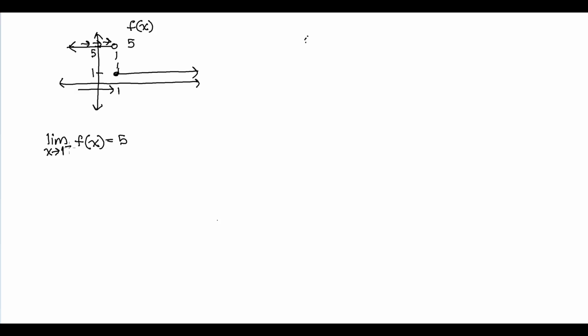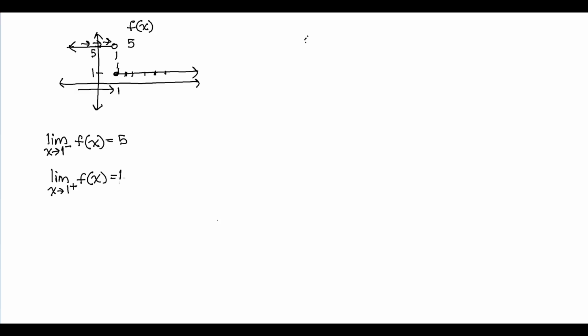Okay, so what about from the right? So the limit as x approaches 1 from the right. From the right, as it starts to get closer and closer from the right, it starts to actually approach 1. So the limit of this equals 1.